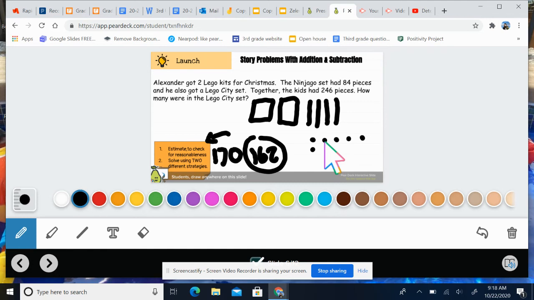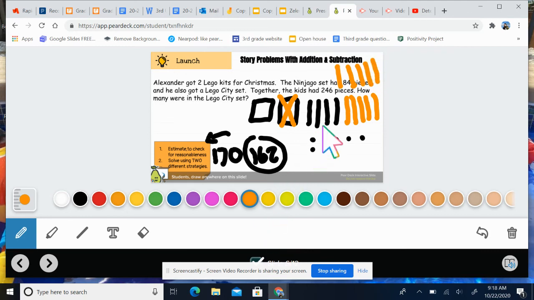And now I say, do I have enough ones to take away? Yes, so I don't have to ungroup my tens. Do I have enough tens to take away? No, so I ungroup 100 and draw 10 sticks right away. 10, 20, 30, 40, 50, 60, 70, 80, 90, 100.